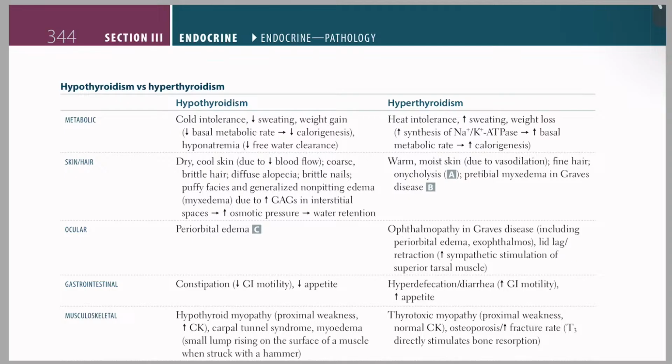Skin and hair in hypothyroidism: dry, cool skin due to less blood flow, coarse brittle hair, diffuse alopecia, brittle nails, puffy face, generalized non-pitting edema, myxedema due to increased GAG in interstitial spaces, increased osmotic pressure leads to water retention.